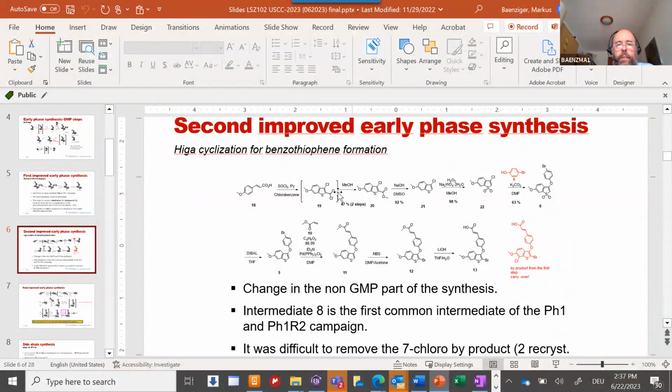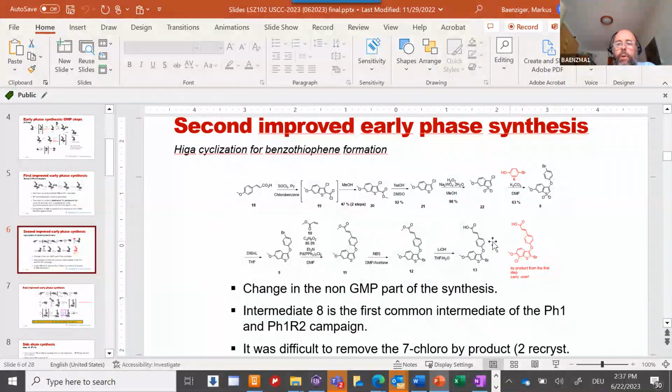The acid chloride was not isolated but directly esterified to the methyl ester, in 47% over 2 steps, then hydrolyzed and decarboxylated, again oxidized and reacted with 4-bromophenol. And then we ended up in this intermediate 8, which was the first common intermediate to the first synthesis. And then we carried on.